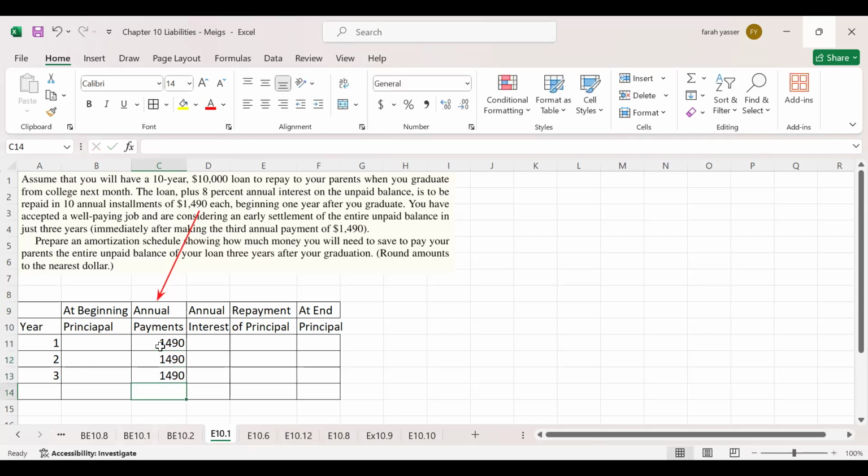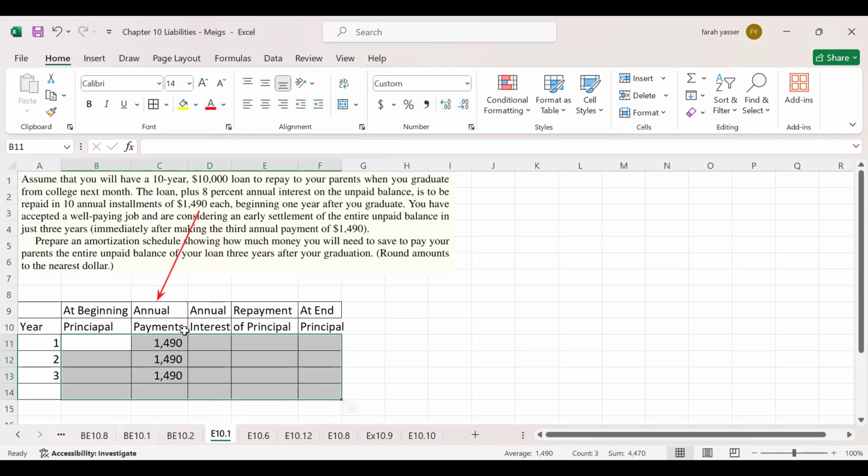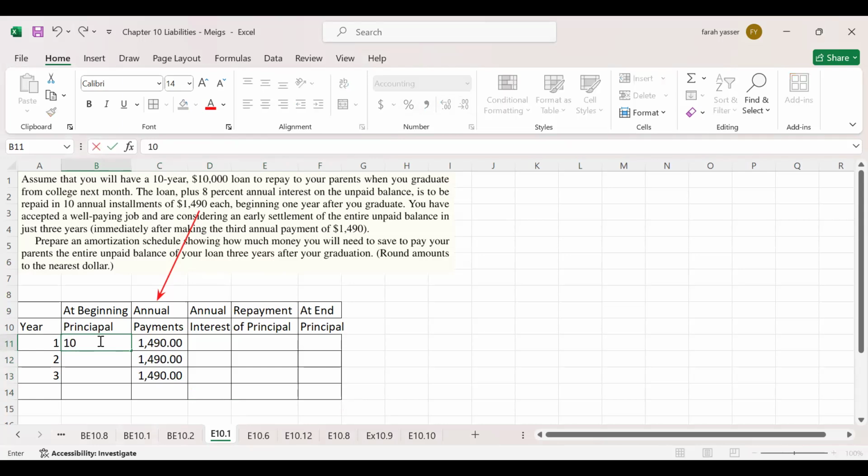This remains equal or constant throughout the period. So the loan amount is 10,000, and this loan amount is before paying any interest. You can say this is column A, and this is column B.